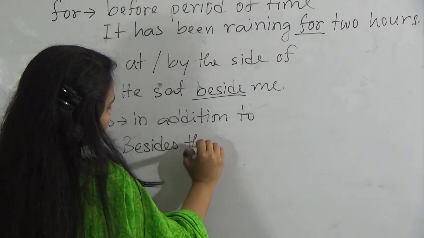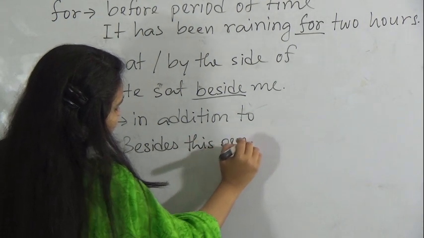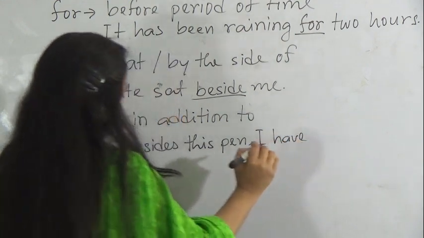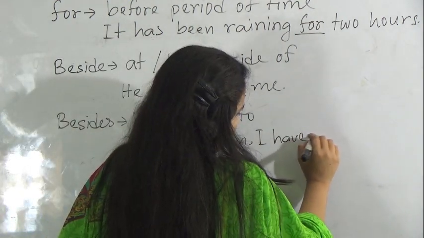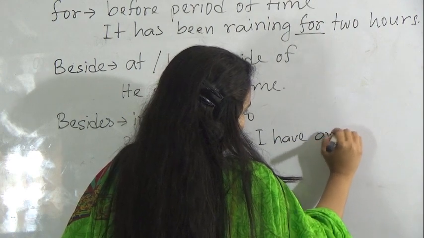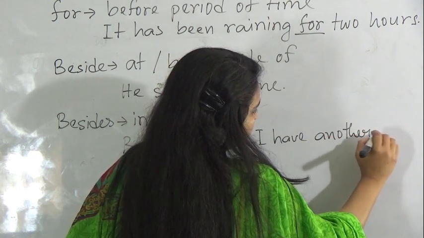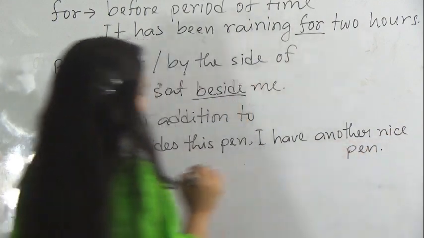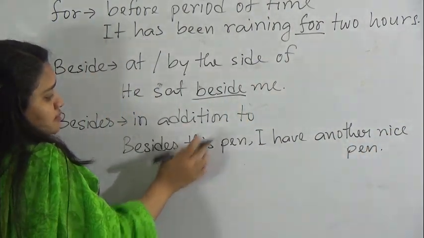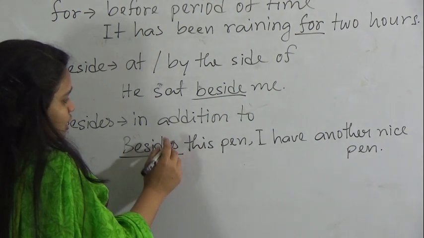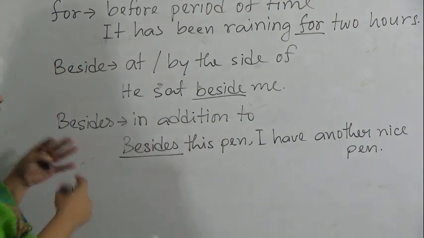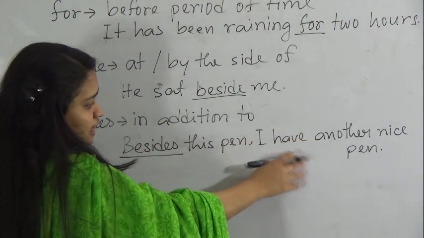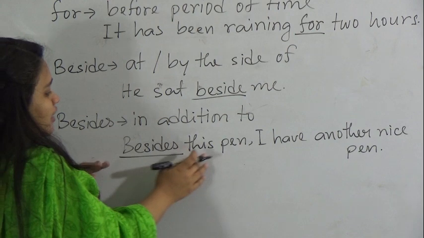Besides this pen, I have another nice pen. So in this sentence we use besides to indicate in addition to. I have another nice pen and I have this pen also.